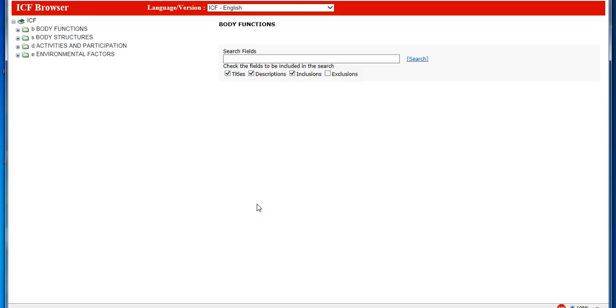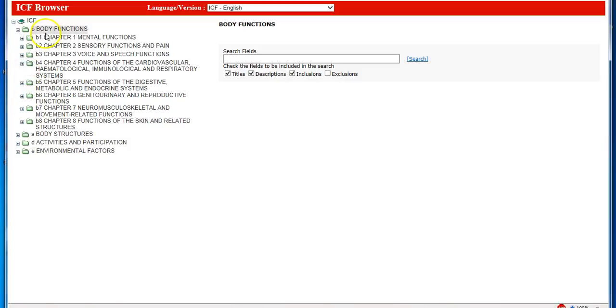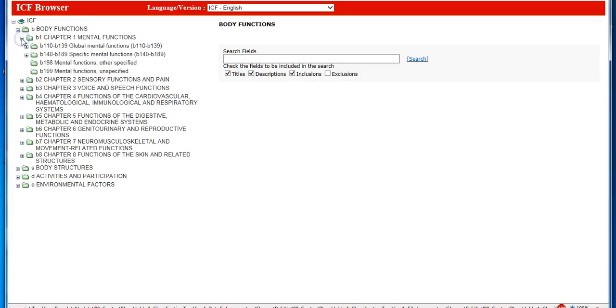What I think is really neat about this tool is that it gives you an opportunity, if you open up these windows, to look at what are the types of things that qualify as a body structure and function, and then go a little deeper.